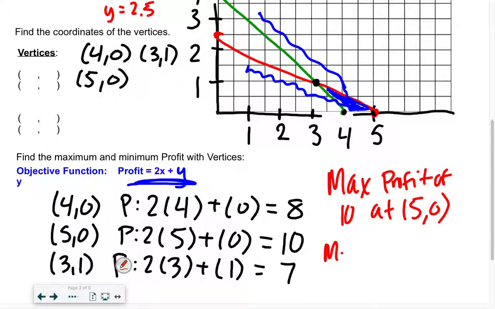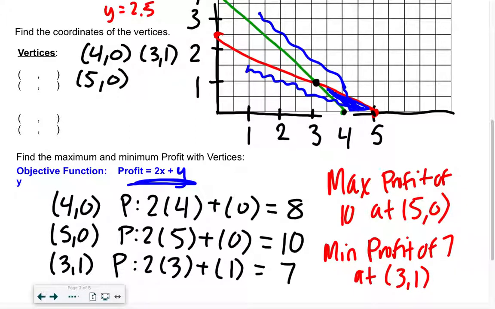So we have min profit of 7 at (3, 1). Okay. So we're good with graphing the constraints, good with finding vertices, good with plugging in vertices, and good at finding min-max.